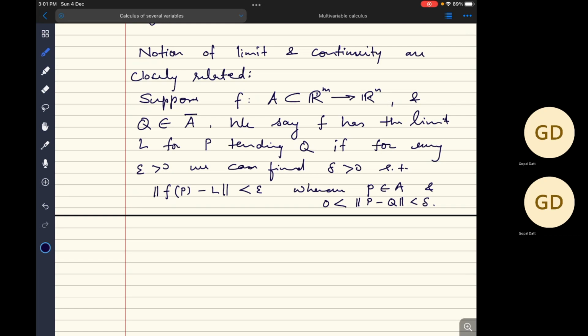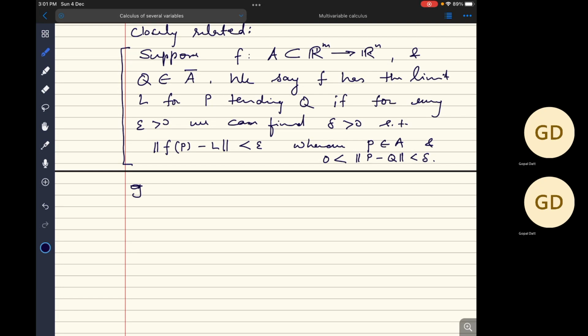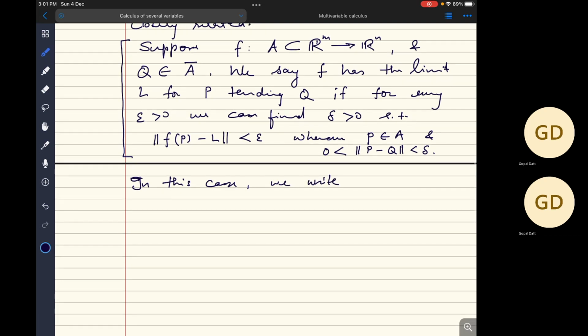Again, here the norm on this side is the norm in R^n, and the norm here is the norm in R^m. If a function satisfies this, in this case we write the limit of f(p) as p goes to q equals L.